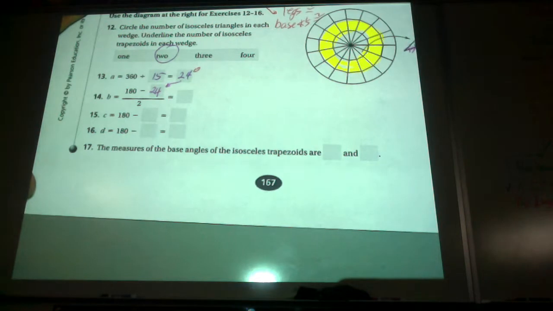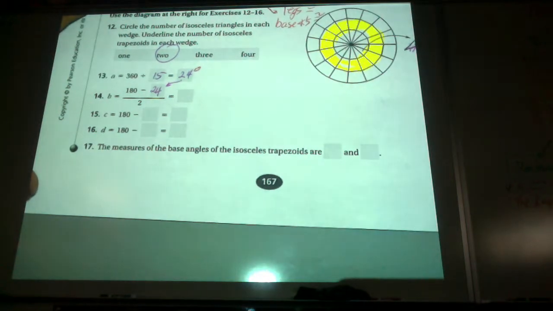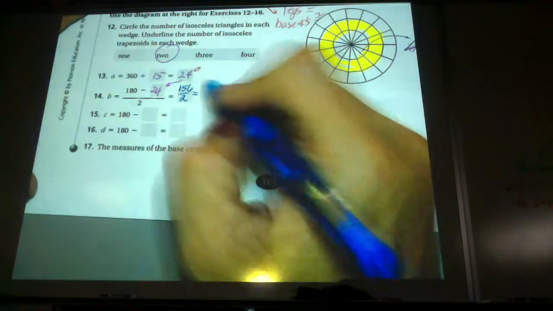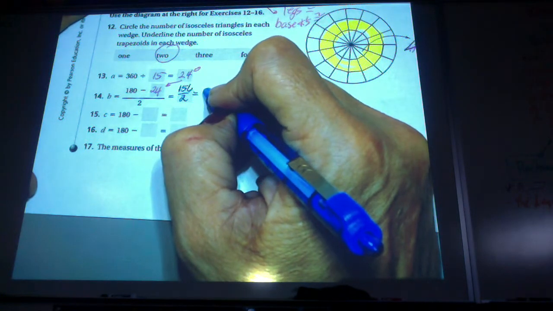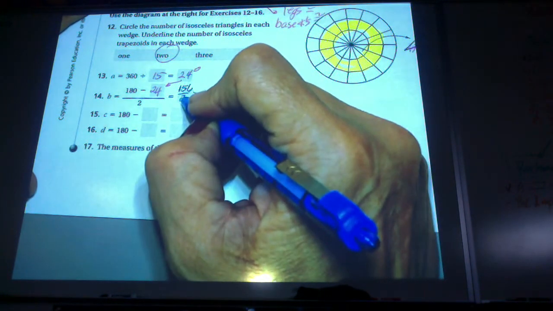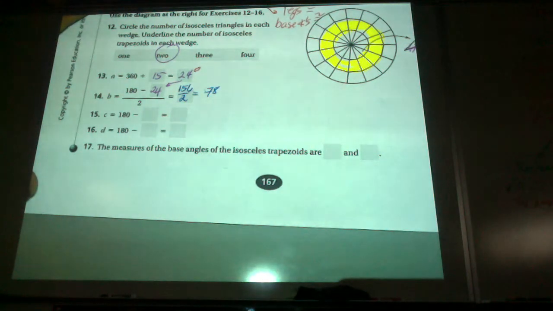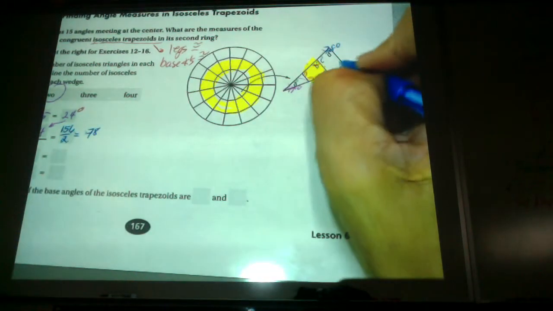So what's 180 minus 24? 156. We have 156 divided by 2, which is what? 78. And so that means that this angle all the way over here is 78 degrees. And that means that this angle is 78 degrees.